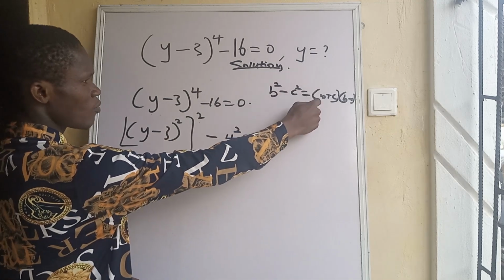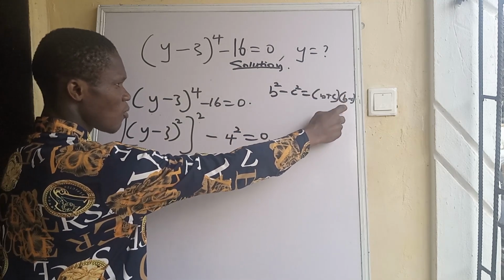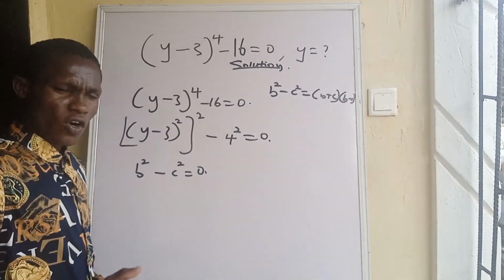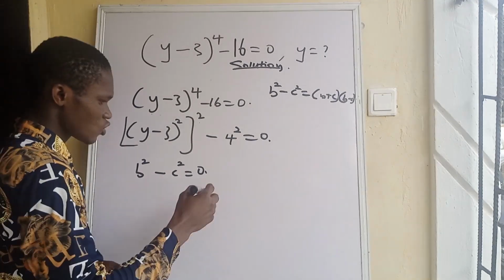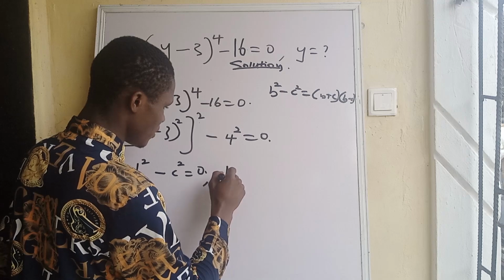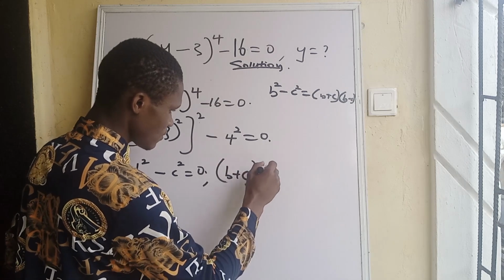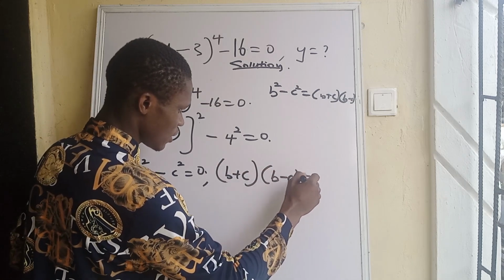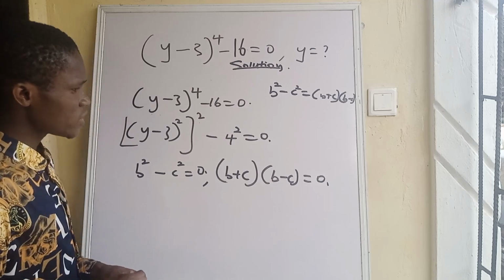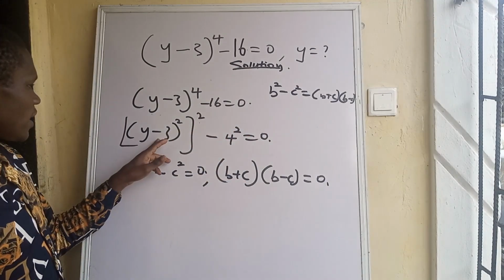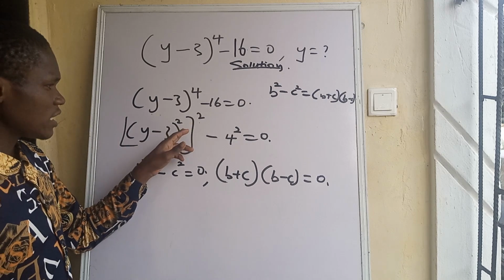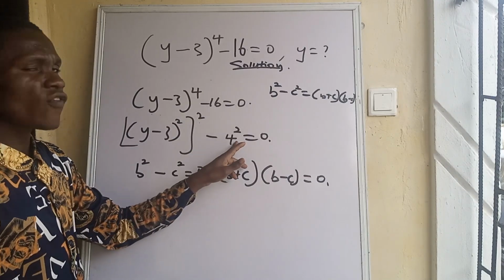Remember we said b to the power of 2 minus c to the power of 2 is equal to open bracket b plus c close bracket open bracket b minus c close bracket. So we can simply apply the same method here. We now have b plus c, b minus c equals 0. Remember we said we are taking b to be y minus 3 to the power of 2, then we are taking c to be 4.